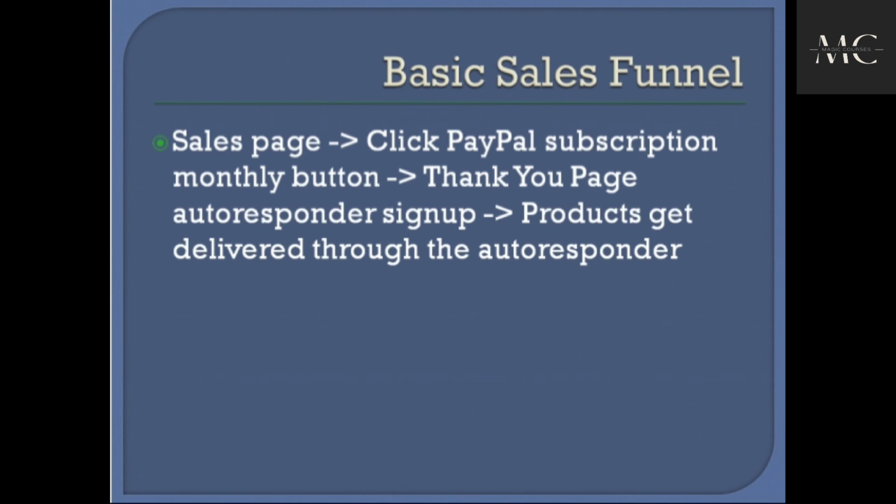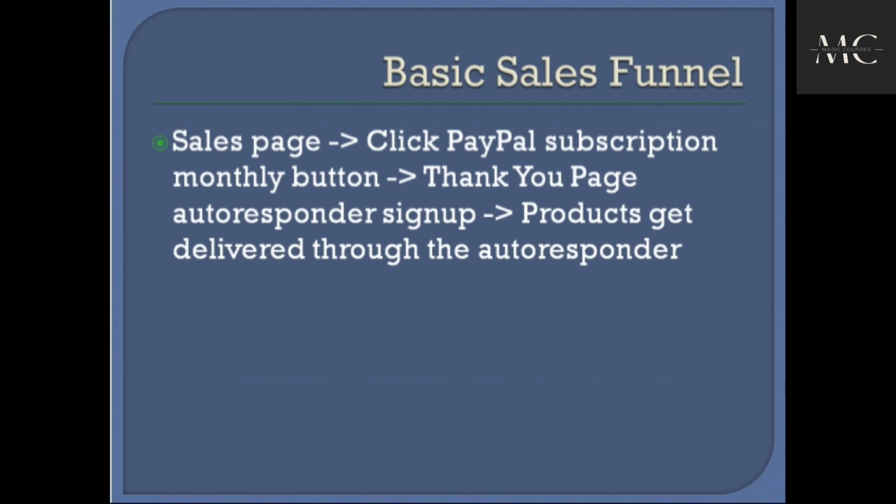Then after that, they pay. They're sent to the thank you page, which includes the autoresponder sign up. And then through the autoresponder, they are delivered products. So that's what the basic fixed term membership site looks like.